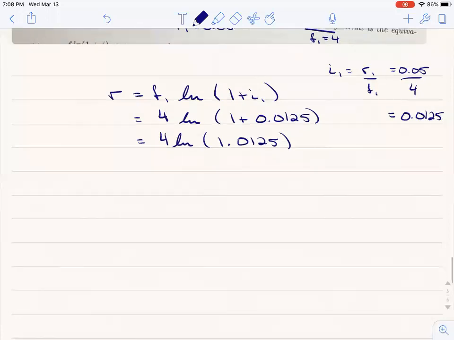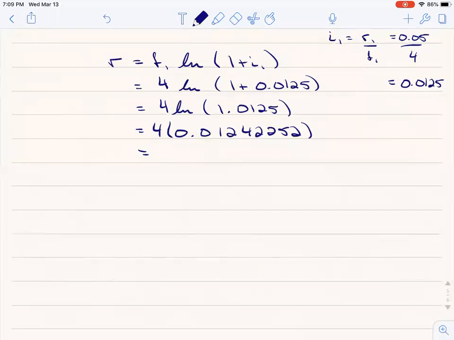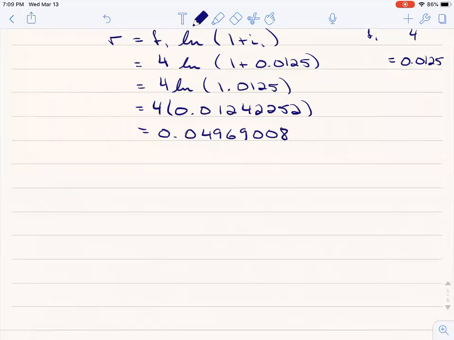Just so you can check your work, it is 4 times 0.01242252. Then times 4, I get 0.04969008, which is roughly 4.97%.